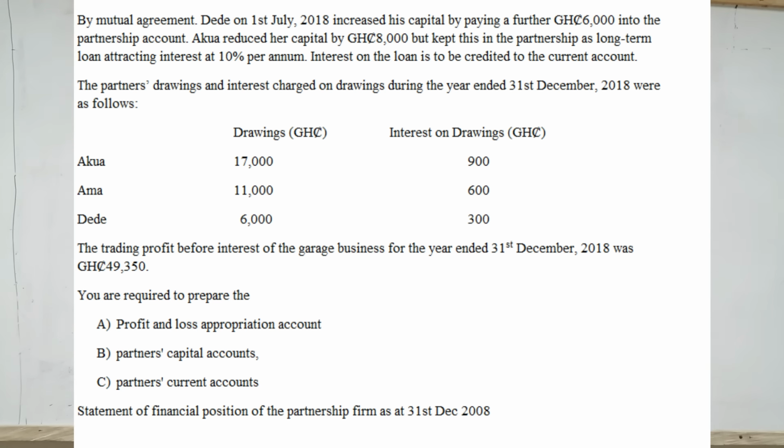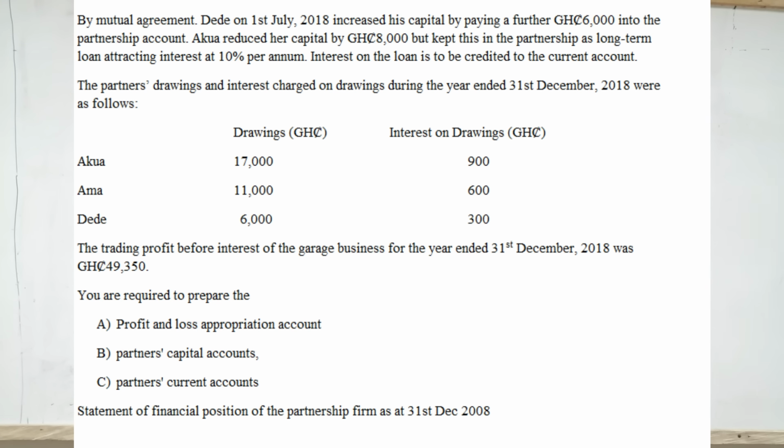And then we have interest on drawings of 900, 600, and 300 respectively. Fortunately for us, these figures have been calculated for us, and so it's not going to be a problem. Then we have the trading profit before interest on the garage business for the year ended 31st December 2018, which was 49,350 Ghana cedis.